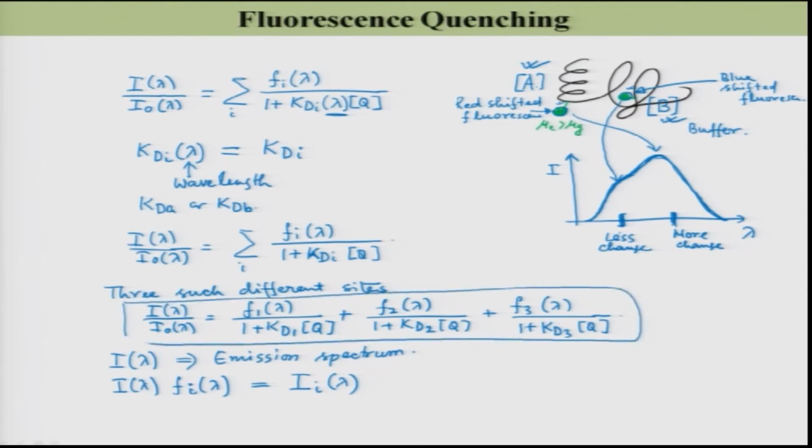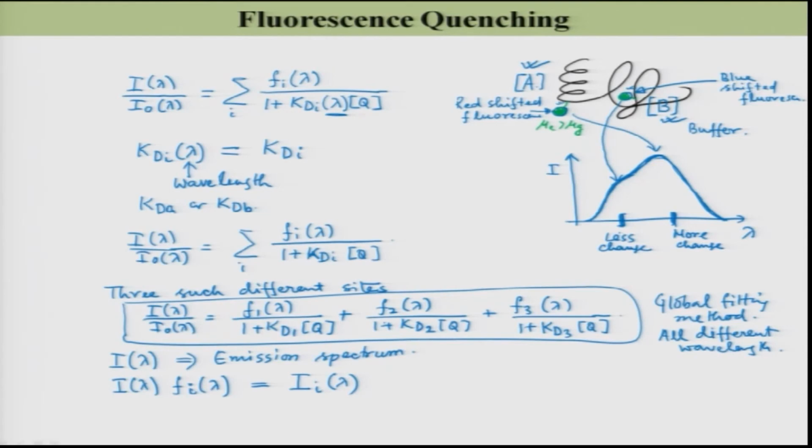this thing in a global fitting method, then what will you get? Global fitting method means that the same equation will be applied for all different wavelengths. Note it down. These contributions F1, F2, F3 are wavelength dependent, I by I0 is wavelength dependent, but Kd1, Kd2 and Kd3 are not wavelength dependent.